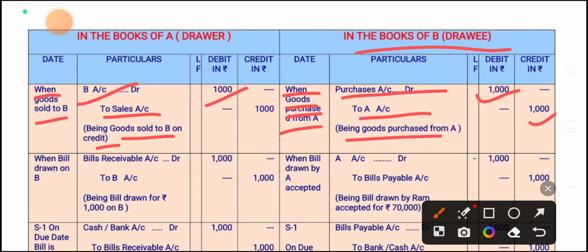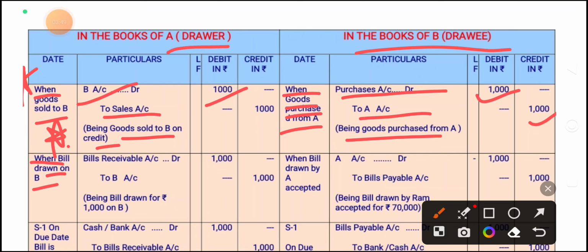Sometimes in the exam this transaction may not be there, so don't panic. If this transaction is there, this sale and purchase entry will come, otherwise it will not. Then when the bill is drawn on B by A, B is the drawee and A is the drawer.